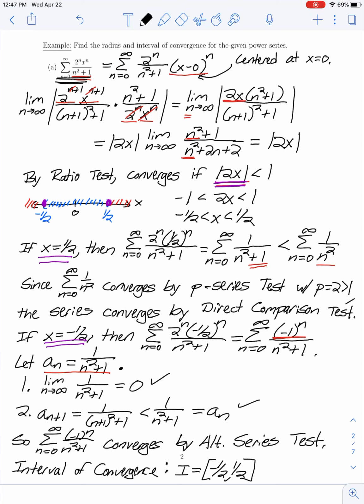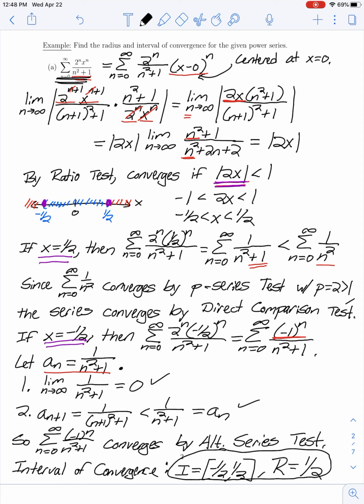And then the radius of convergence, which would be denoted as capital R, is half the length of this interval. So the length of the interval from negative 1/2 to positive 1/2 would be 1, and then we're taking half the length of that interval. So here we found our interval and radius of convergence for this power series.